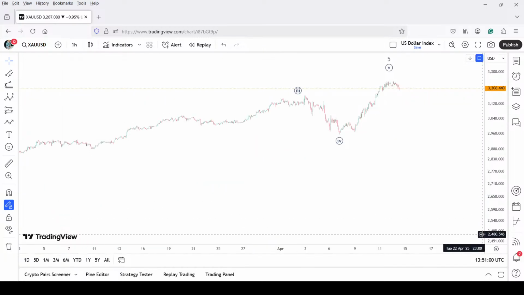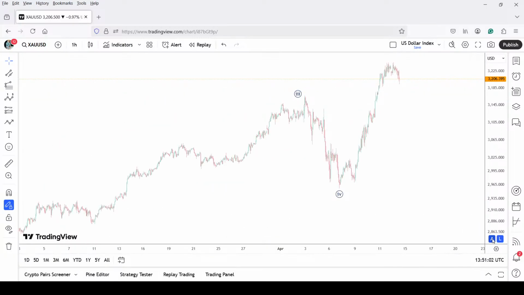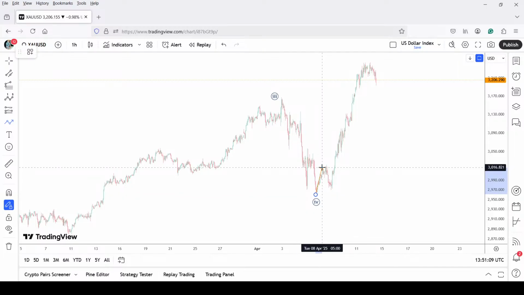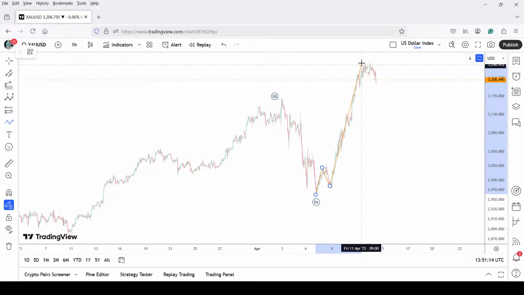Just a quick view on the hourly chart. If you look at the wave structure from 2950, it looks like wave 1, 2, an extended wave 3, possible wave 4, expanded, and then wave 5.